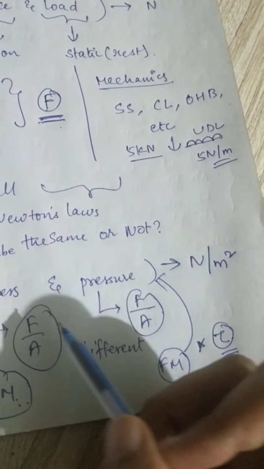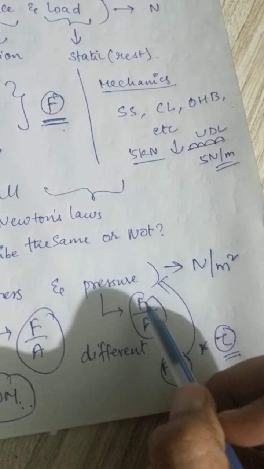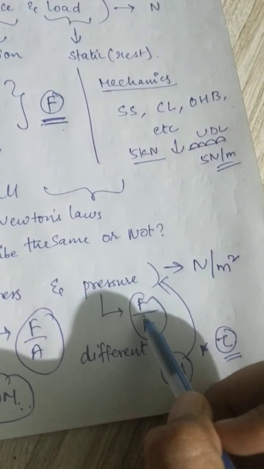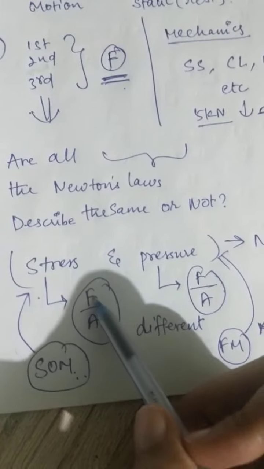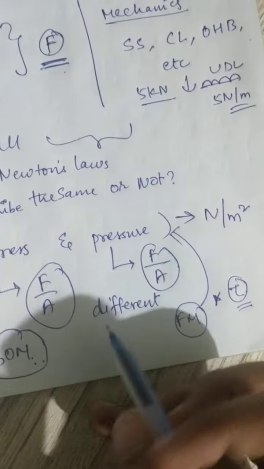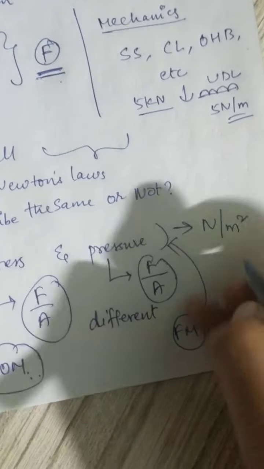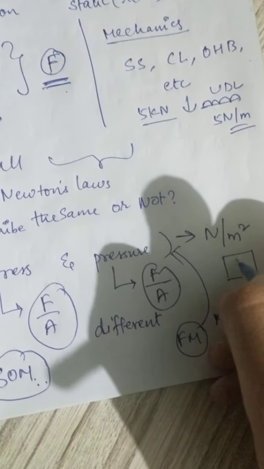As the definition says, pressure is defined as a force acting per unit normal area, and stress is also the resisting force per unit normal area. But pressure acts only perpendicular to the cross section.